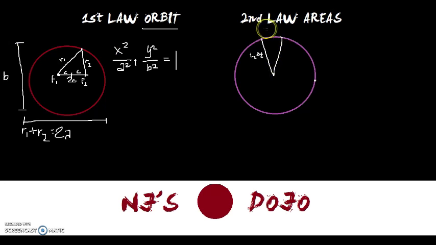Okay, so this is at the initial time, then eventually the planet moves to another position at a point in time. So basically this comprises one area.